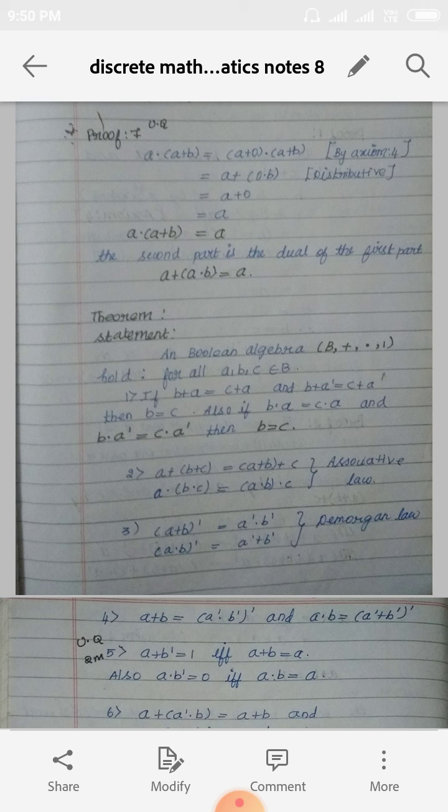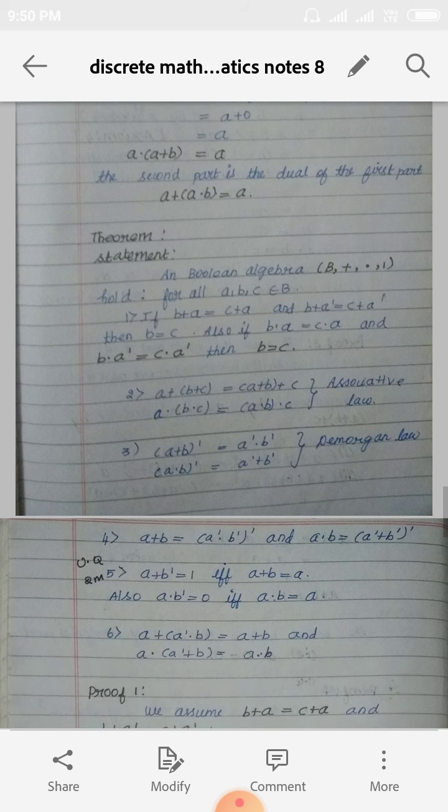In the second case, a plus of b plus c is equal to a plus b plus c, and a dot of b dot c is equal to a dot b dot c. That is associative. And the third one, a plus b the whole dash is equal to a dash dot b dash, and a dot b the whole dash is equal to a dash plus b dash. This is the De Morgan's law.